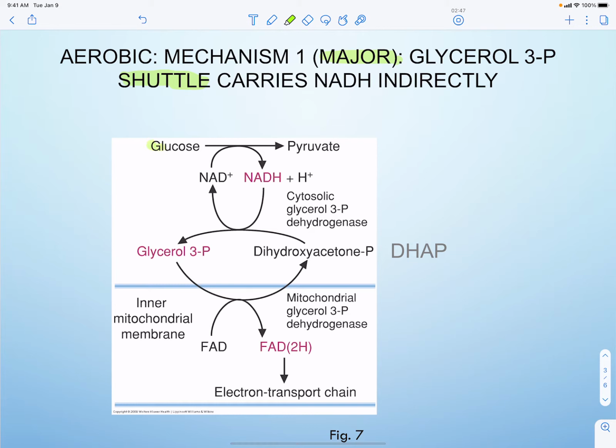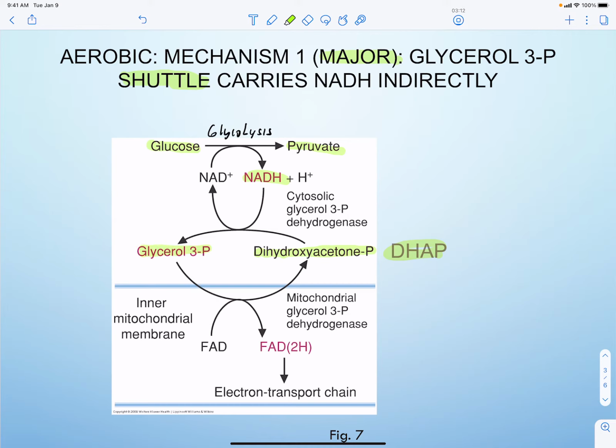So again, we started with glucose, we did glycolysis, we generated pyruvate, and we made NADH. NADH is going to transfer to dihydroxyacetone phosphate, or DHAP, that is an intermediate of glycolysis, to make glycerol 3-phosphate.